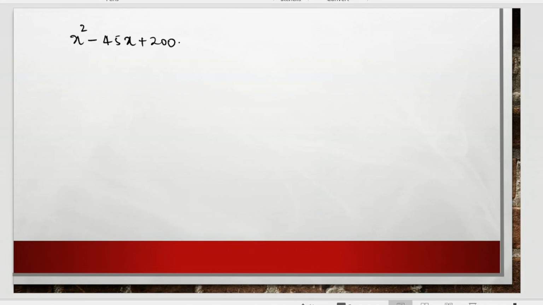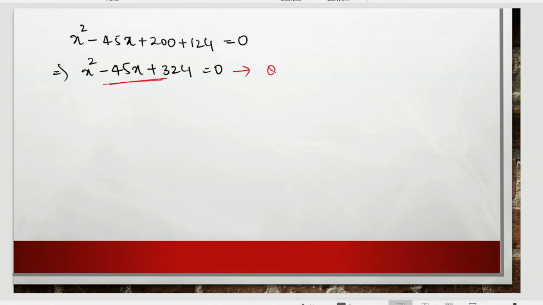In the RHS, you already have plus 124, equal to 0. So this is x square minus 45x plus 324 equals 0. This is the quadratic equation which we have got.